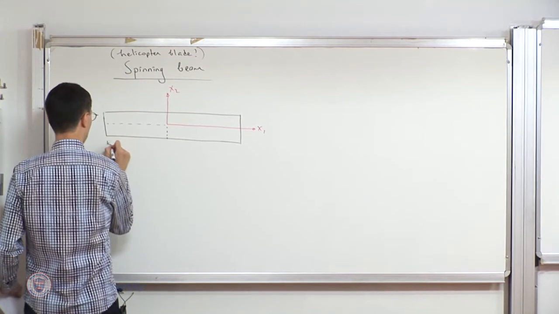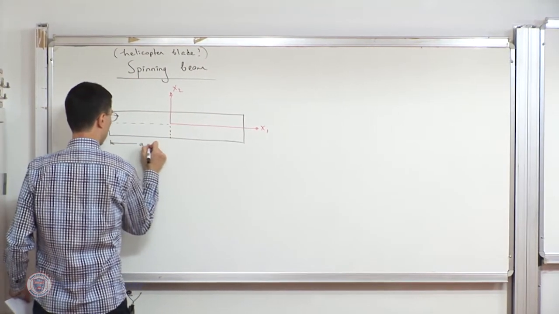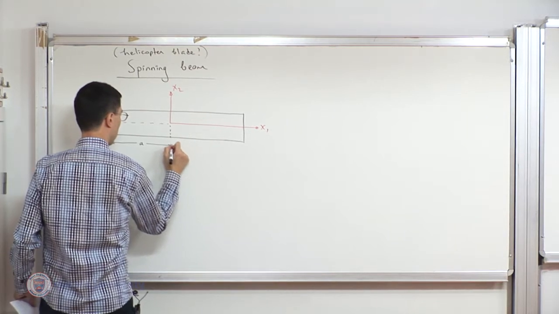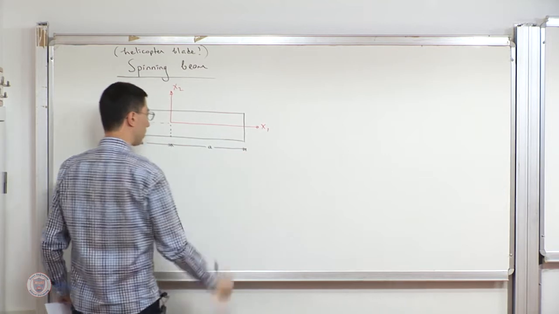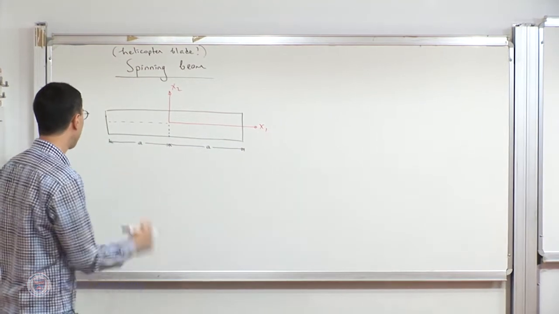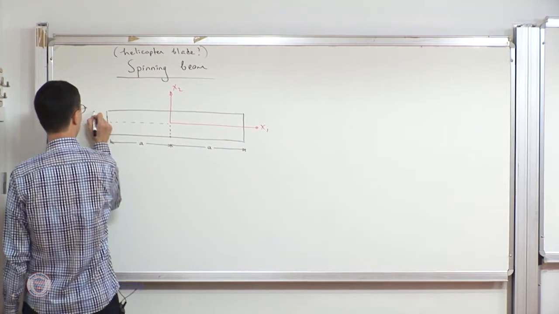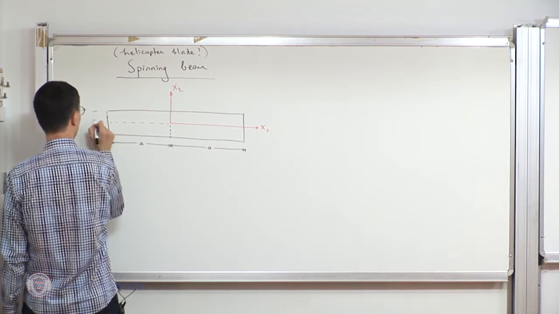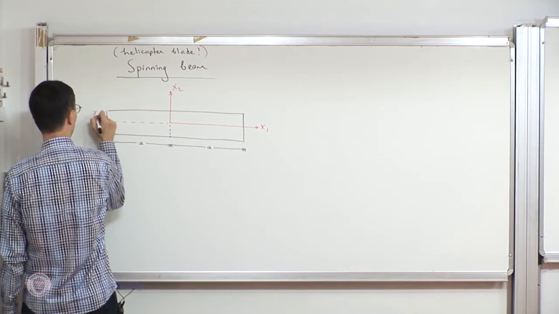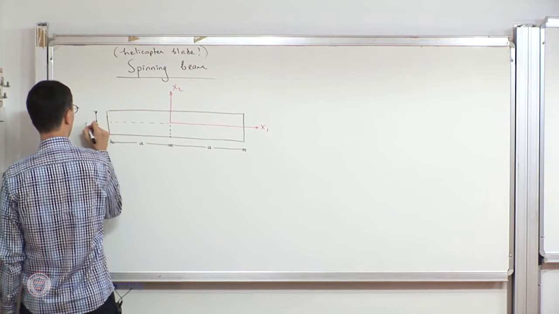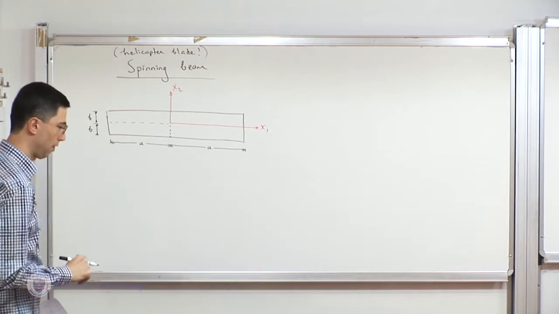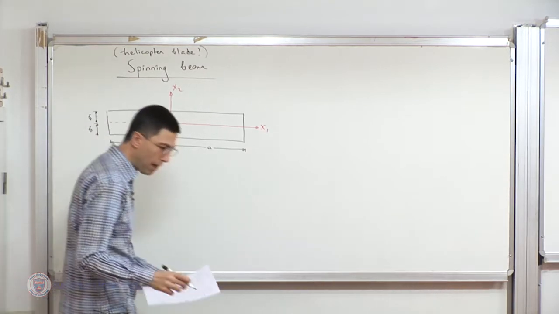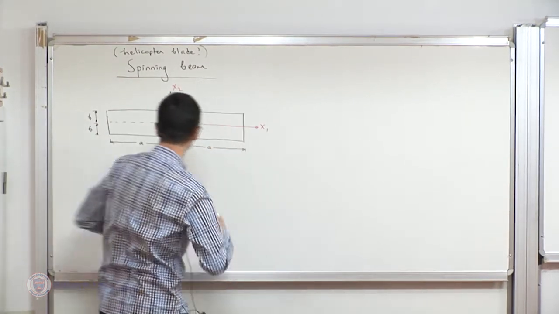So the length of the blade is 2a, and the height is 2b. So that's how it looks. And it rotates.